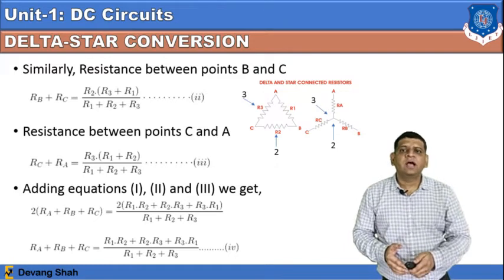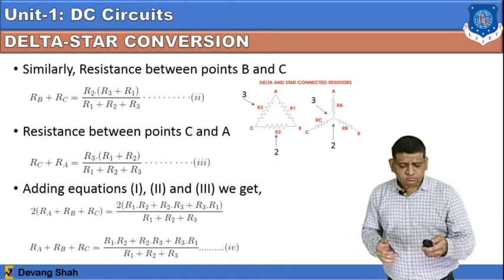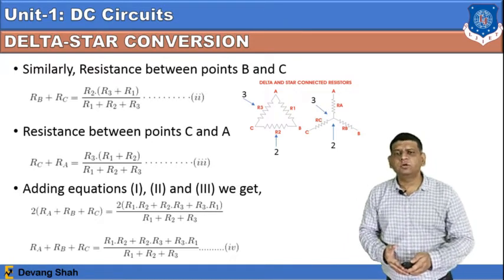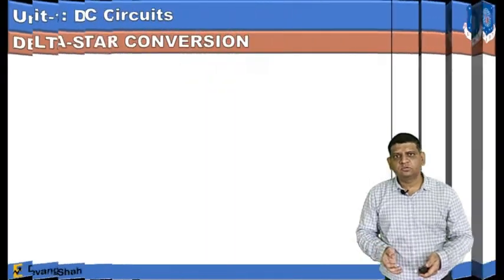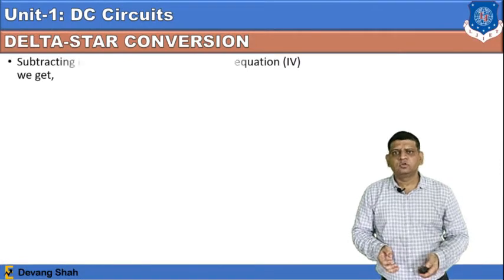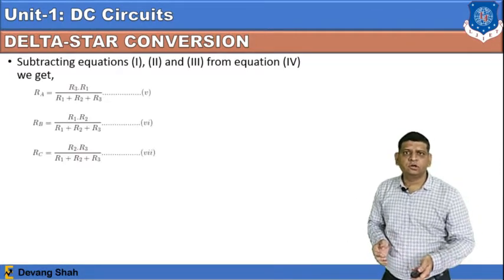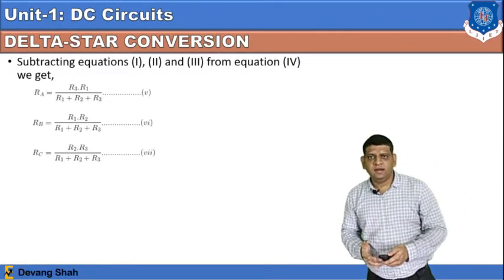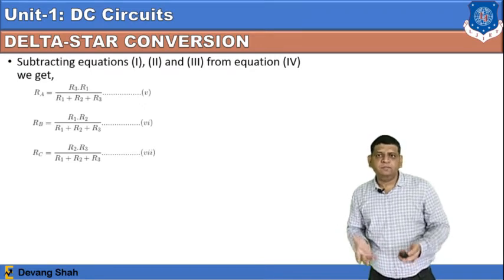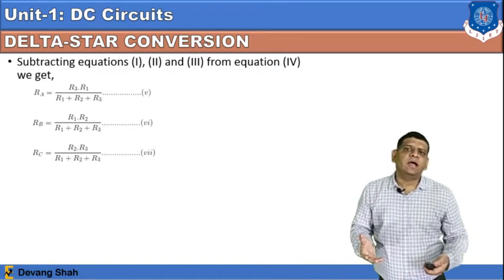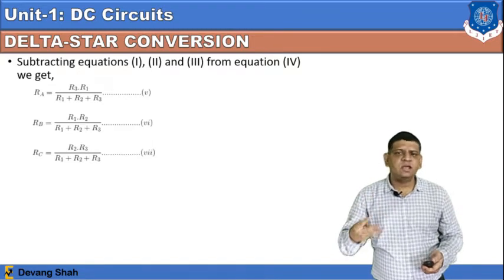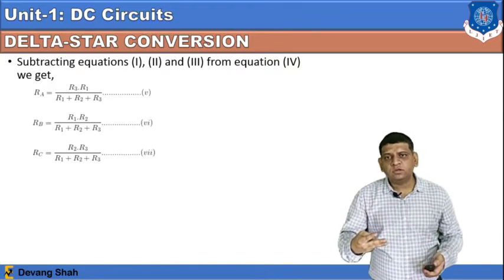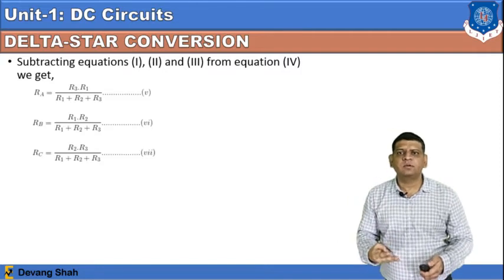From this equation I can find the rest of the equations in terms of RA, RB, RC, or in terms of R1, R2, R3. We found three equations in terms of RA plus RB, RB plus RC and RC plus RA, and the fourth equation is a combined equation of RA plus RB plus RC.